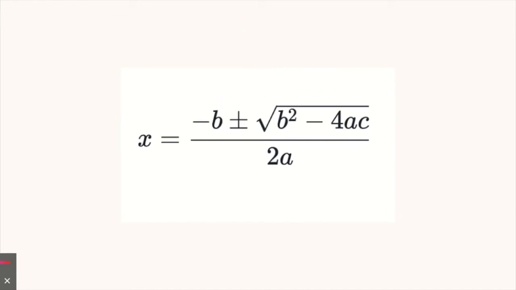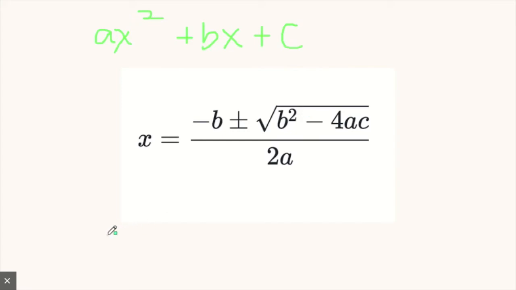If you remember from the previous class, the form of these quadratic equations was ax squared plus bx plus c. And using those letters, we can get this formula by plugging those numbers in.